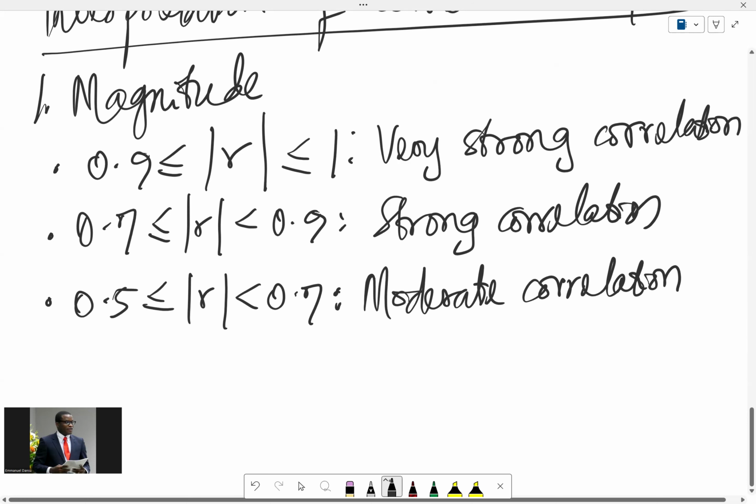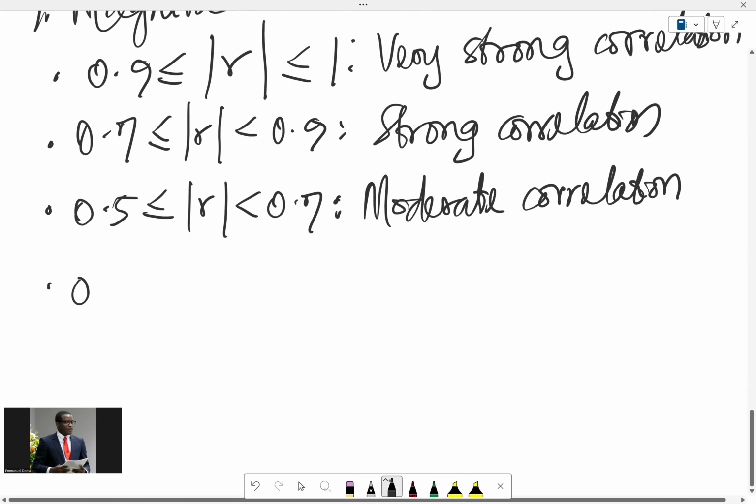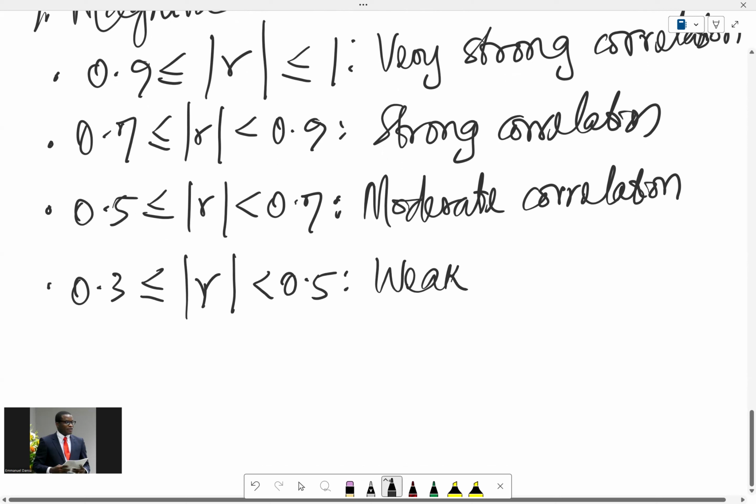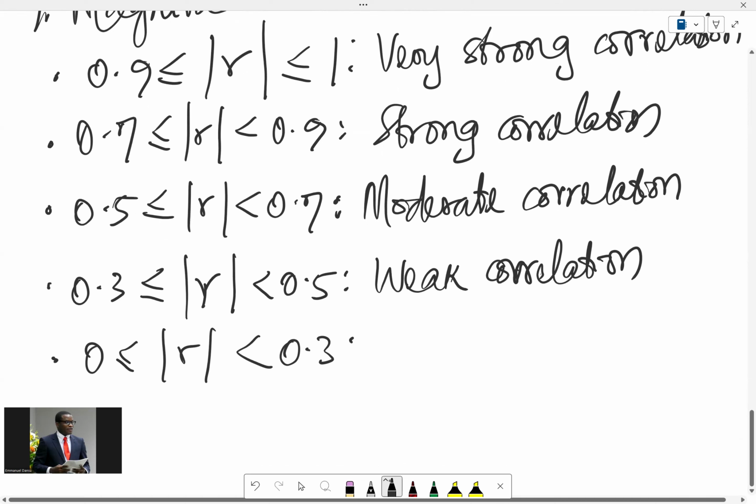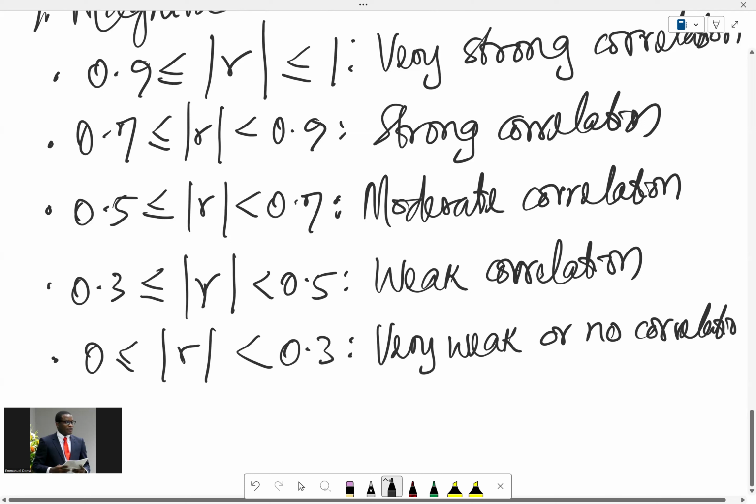Again, we have 0.3 less than or equal to the absolute value of R, less than 0.5. That is clearly a weak correlation. And finally, we have 0 less than or equal to the absolute value of R, less than 0.3. That is very weak or no correlation.